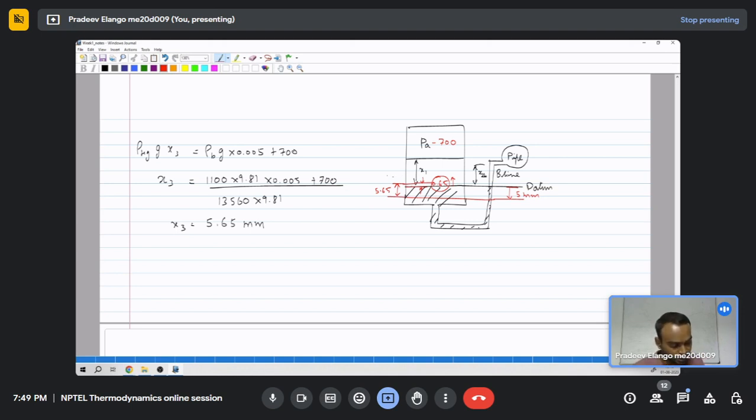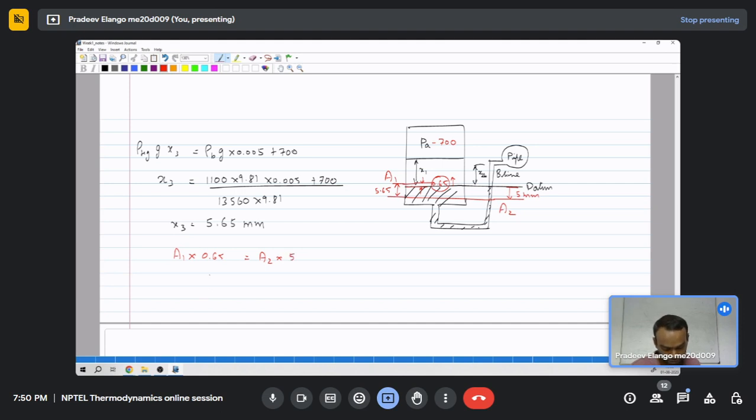So that means here we have an area of A1 and here we have an area of A2, the cross-sectional areas. Now A1 into the fluid level difference, that is 0.65, is equal to A2 into the fluid level difference on the right side, that is 5 mm.